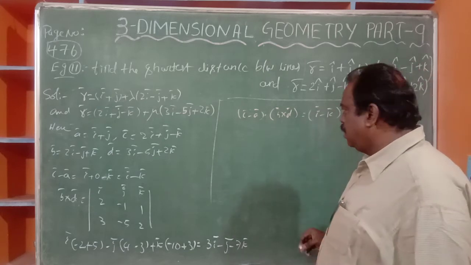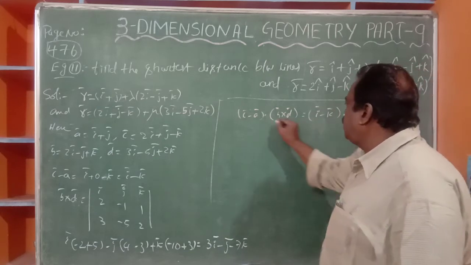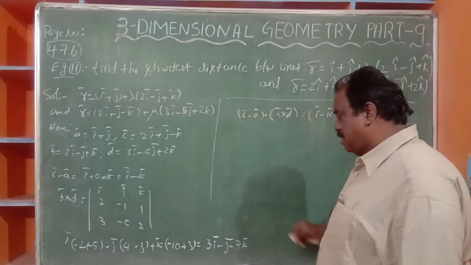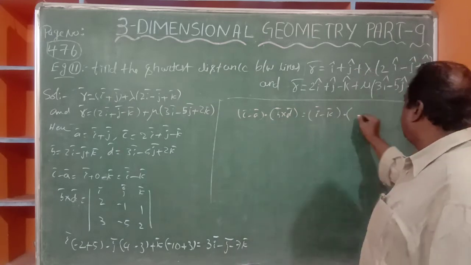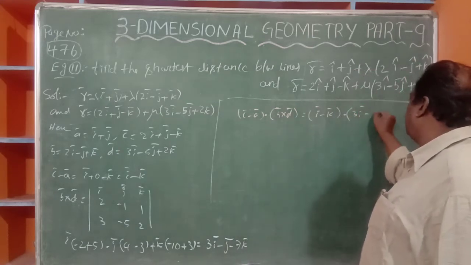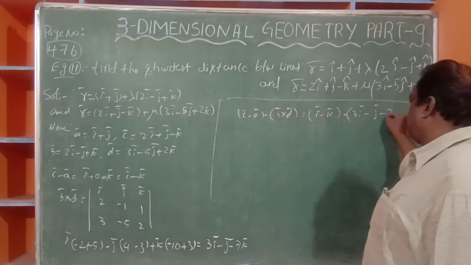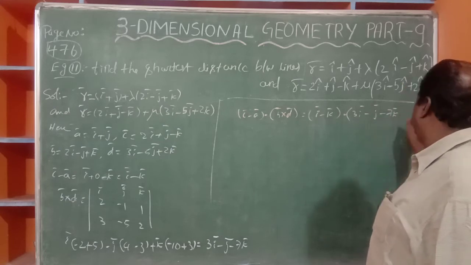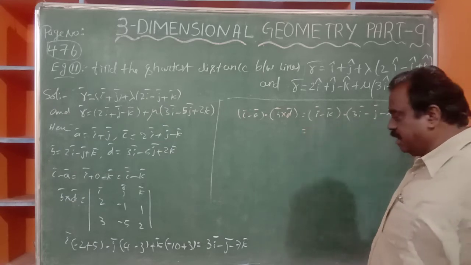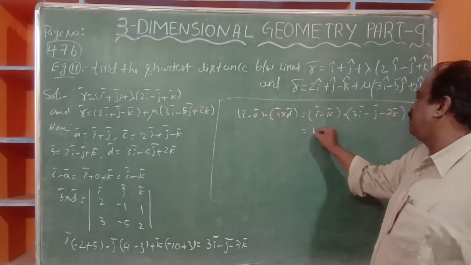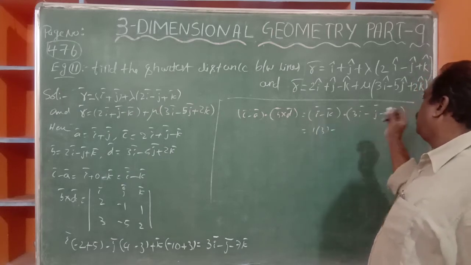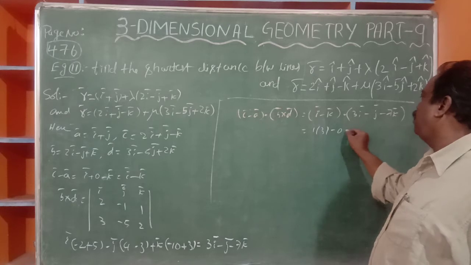B bar cross D bar is already there: 3i minus j minus 7k. In the dot product, i dot i is 1 into 3. j is not there, so it is 0.